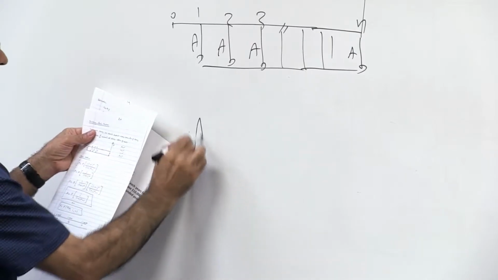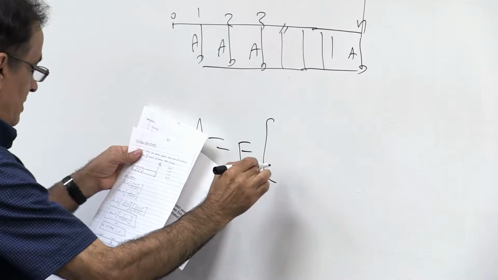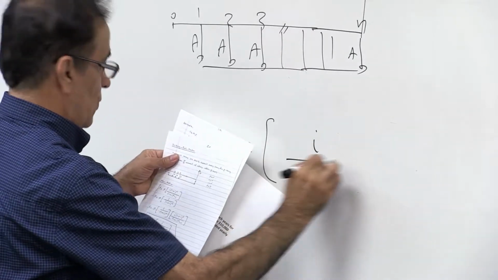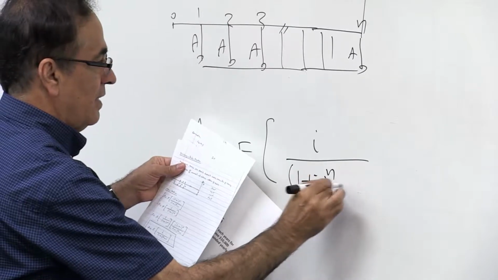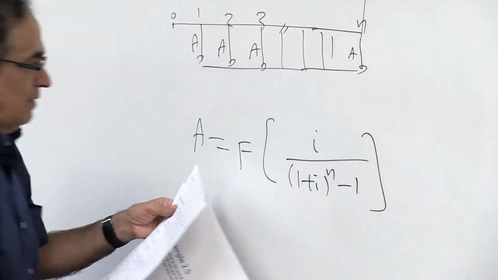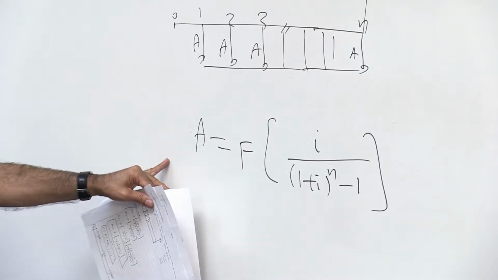The equation for this A is going to be F times i over (1 plus i) to the n minus 1. So this is the actual equation.